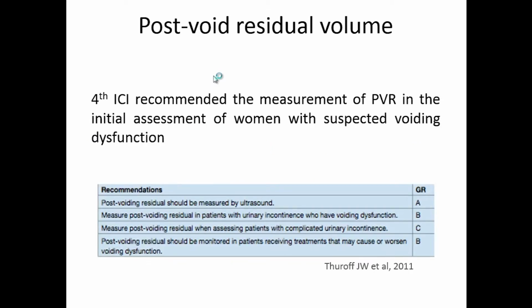Also, the International Consultation on Incontinence and the EAU guidelines recommend the post-void residual when evaluating women who have voiding dysfunction. And also in women who have complicated urinary incontinence, the evaluation of post-void residual with ultrasound is important.